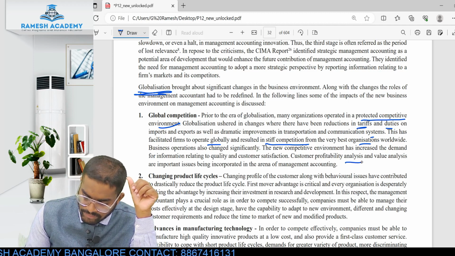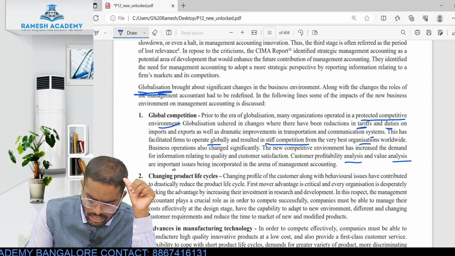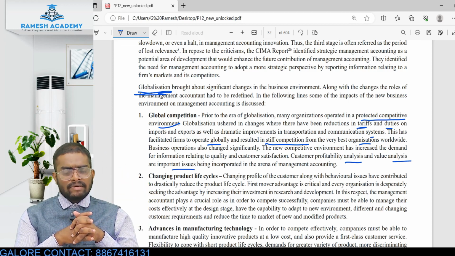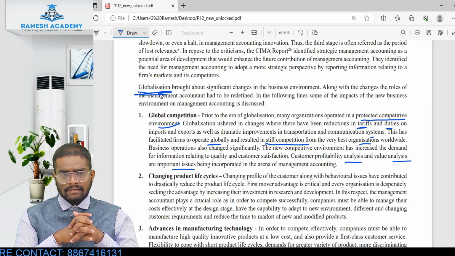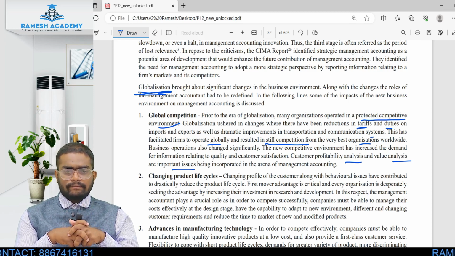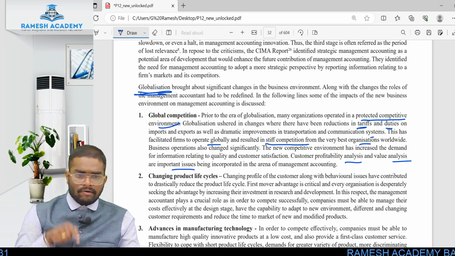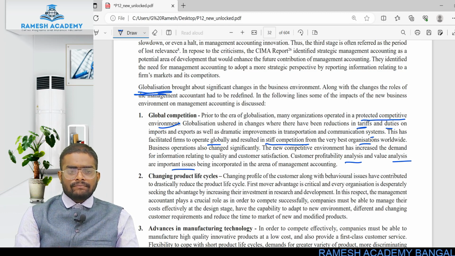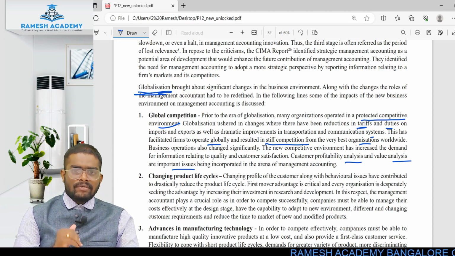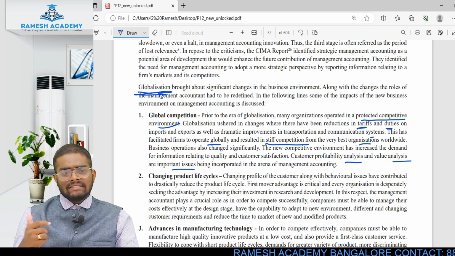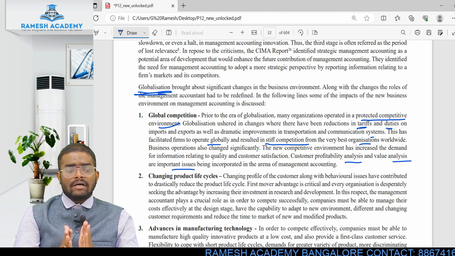So customer profitability analysis and value chain analysis are important issues. See, customer profitability analysis is this: A is a customer. A will purchase for 1,000 and he'll ask for service worth 10,000. Is that customer profitable for us? No. Suppose a customer has purchased 1 lakh worth of goods, maybe an AC, maybe a TV, but he'll ask for service of only 10 to 20k.